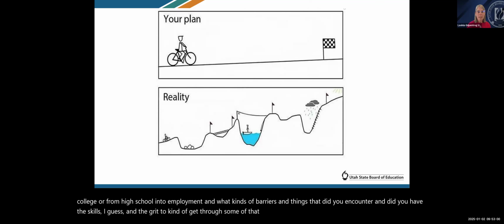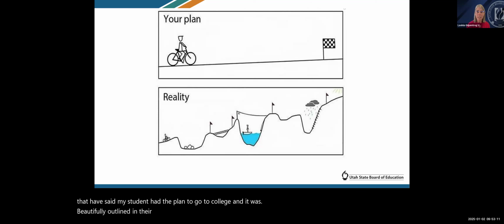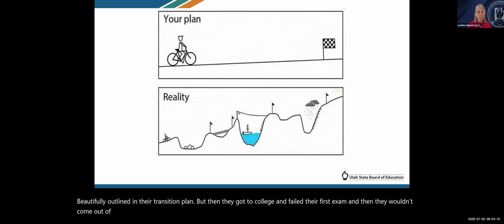I've talked to a lot of parents throughout the state who have said, my student had the plan to go to college and it was beautifully outlined in their transition plan, but then they got to college and failed their first exam, and then they wouldn't come out of their bedroom and they wouldn't go back to class, and they didn't know how to talk to their instructor. These are the kinds of realities and skills that students need when they go to those post-secondary settings.